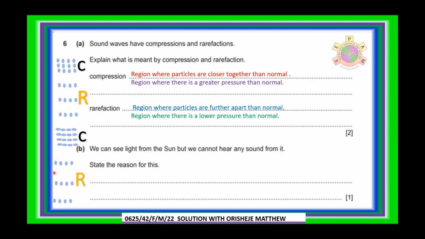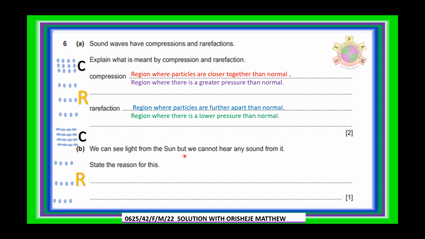We can see light from the sun, but we cannot hear any sound from it. State the reason for this. Well, the major fact is that sound needs material for its transmission and propagation. But in space, there is no material. Space is a vacuum, an empty space.